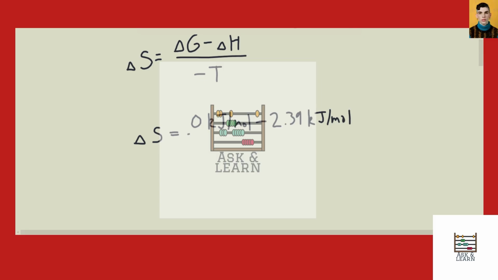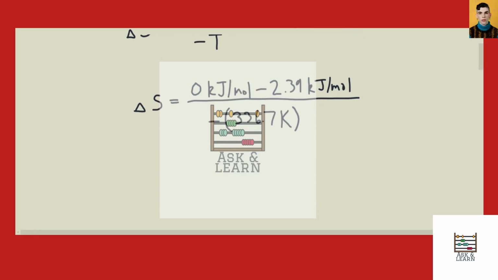And then we divide that by the negative of the given temperature, which when we convert it into Kelvin comes out to 336.7. And so our units for delta S, the change in entropy, will be kilojoules per mole times Kelvin.